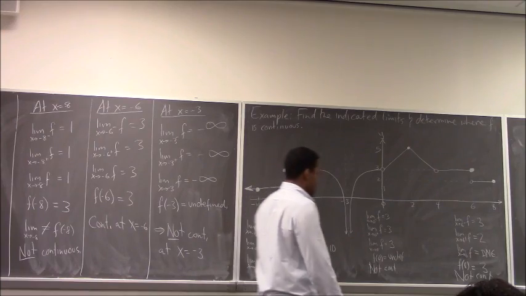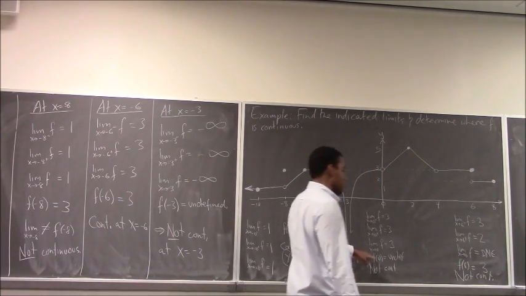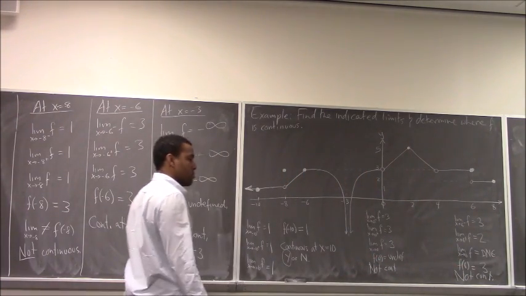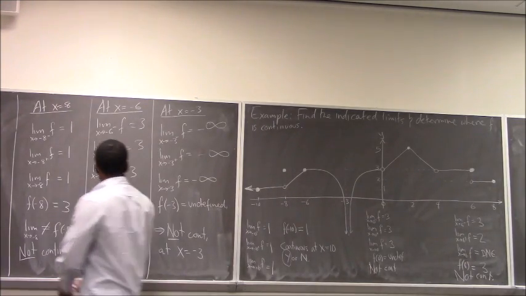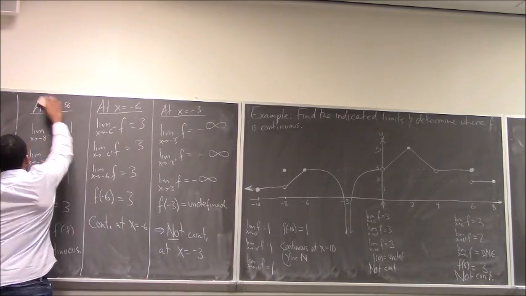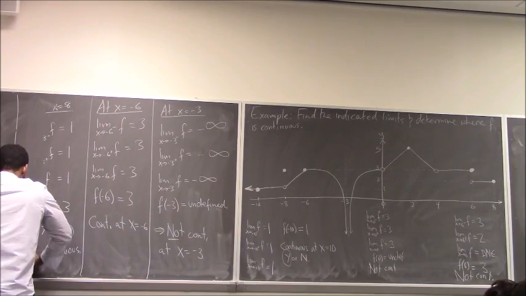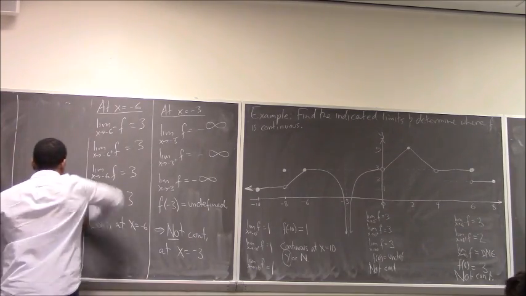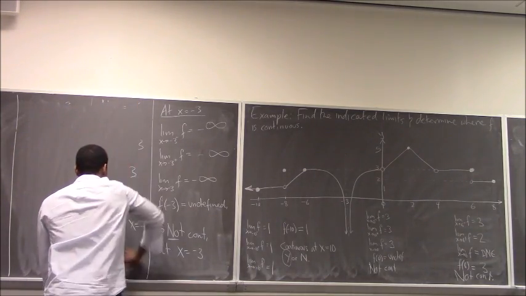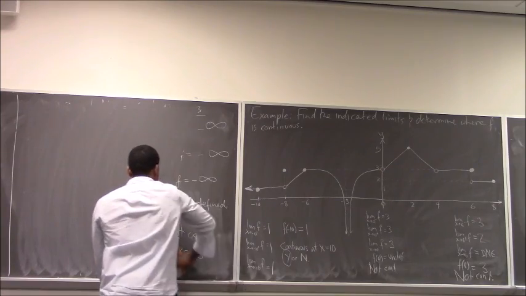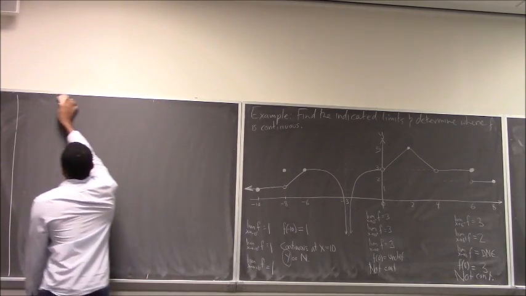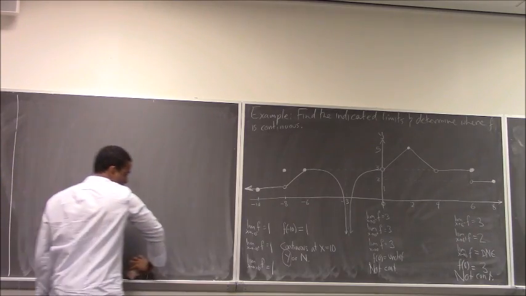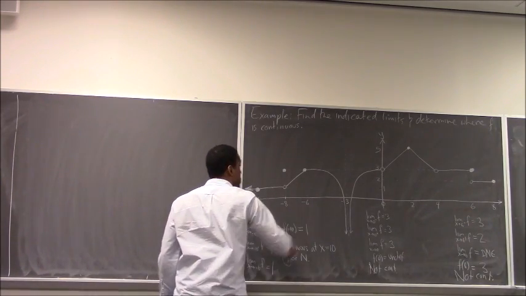But once either the limit doesn't exist or the function is undefined, you don't even have to do anything further. But if everyone gives you a value, all the values have to agree and they're continuous.